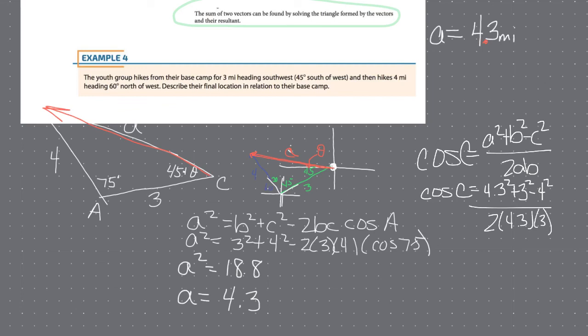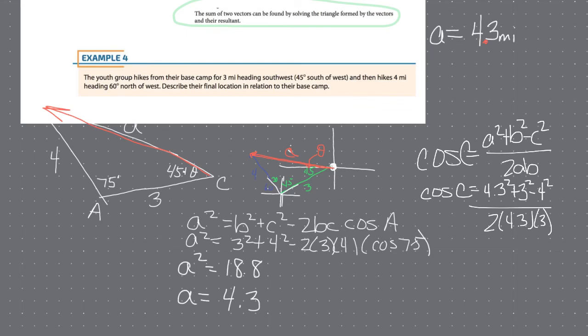All right. Popping all of that into our calculator. So we're going to say 4.3 squared plus 3 squared minus 4 squared divided by, put it in grouping symbols, put it in parentheses, 2 times 4.3 times 3, close parentheses, hit enter.